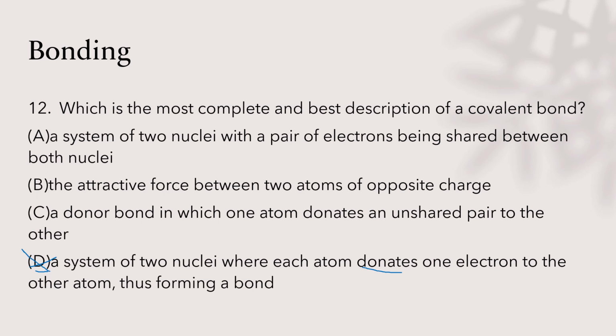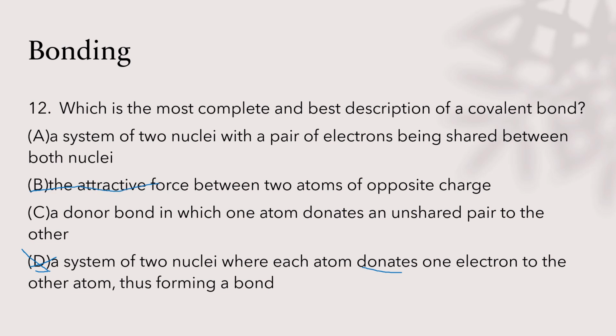C, a donor bond in which one atom donates an unshared pair to the other? I mean, no, it would be more sharing, not an unshared pair. That's a tricky answer. Let's look at B. I'm not ready to cross that one off yet. The attractive force between two atoms of opposite charge. Yeah, definitely not. That's describing an ionic bond through and through.